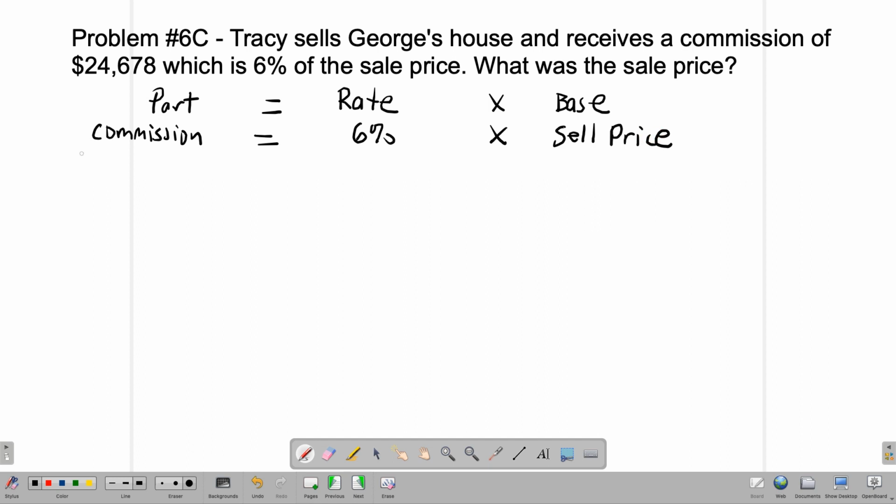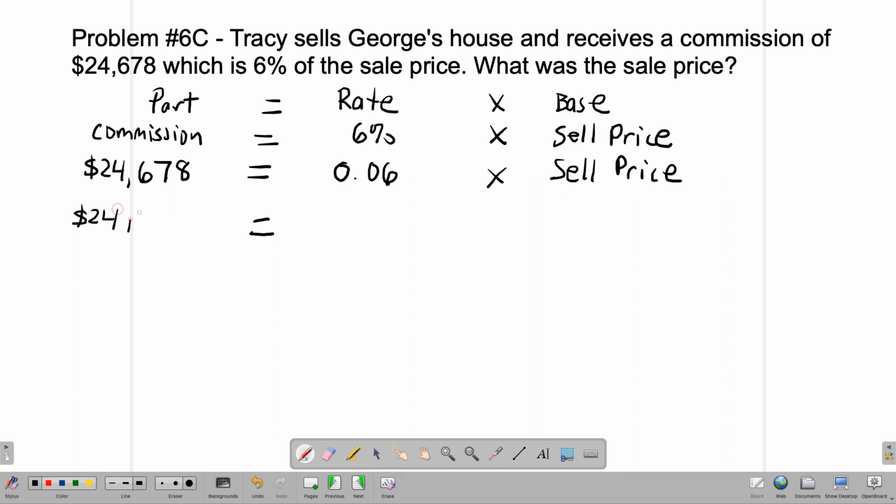So the commission is 24,678. Then the 6%, we're going to convert it. You guys have seen how I converted previously. So 6% represents 0.06, and we want to determine what the sales price is. So over here we have 24,678 divided by 0.06, and of course, this is going to equal the sales price.